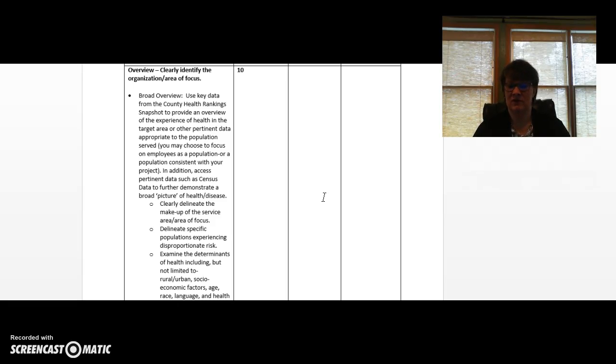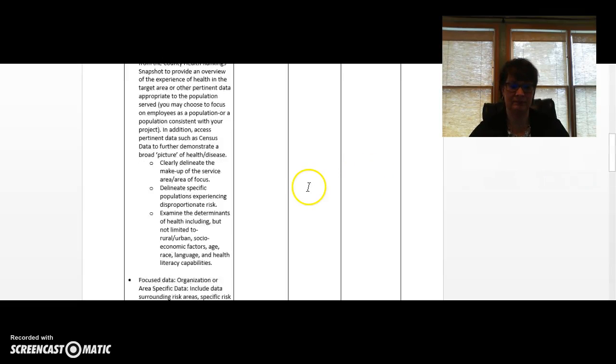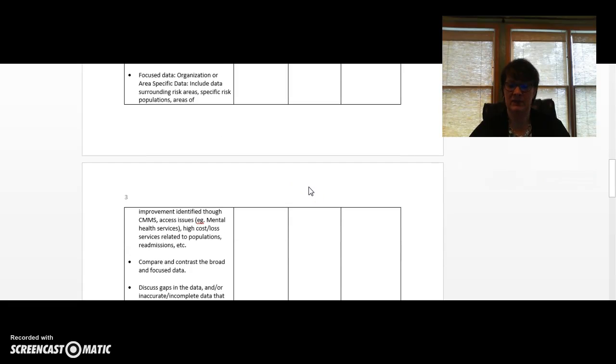There are a number of different avenues to obtain data, and things such as census, the CDC. So really look at what's pertinent to your particular area and use your expertise to glean out that information that is so critical for you to make informed decisions. In addition, you're going to be looking at focus data, organizational specific or practice area specific information, and look at those things that are really important for your organization as well.